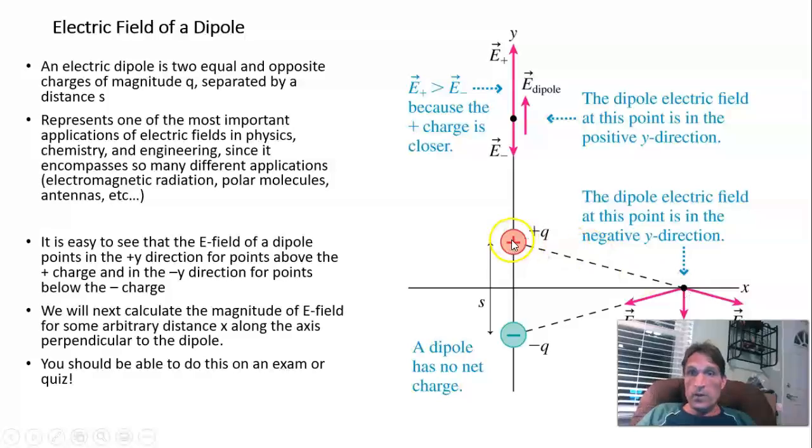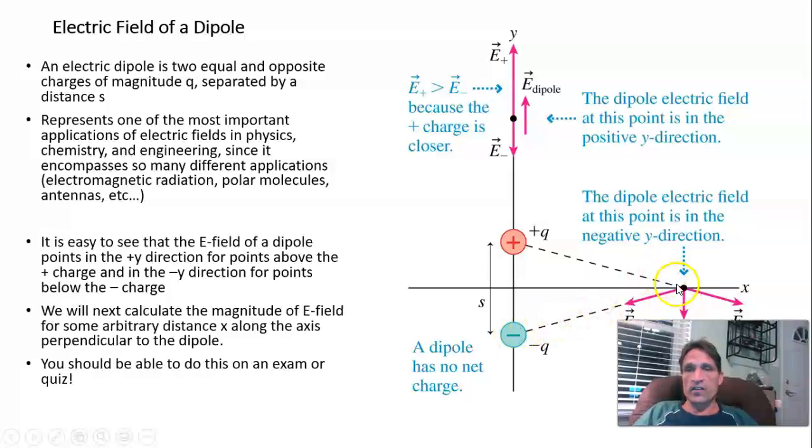It will be repelled by the positive charge plus Q, and so the electric field due to plus Q is in this direction. The positive probe charge will be attracted to the negative charge down here, and so that electric field due to the negative charge would be in this direction, and the total electric field is obtained by adding the vectors.